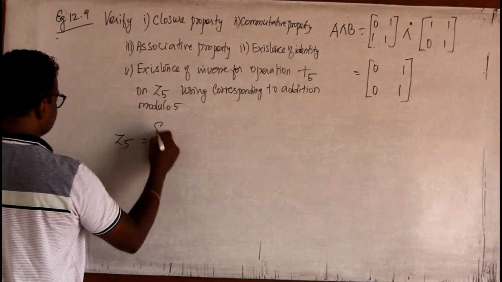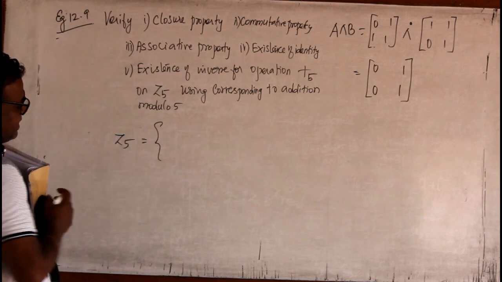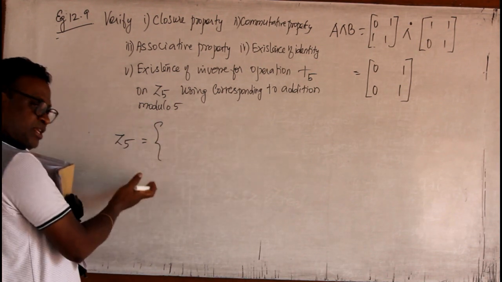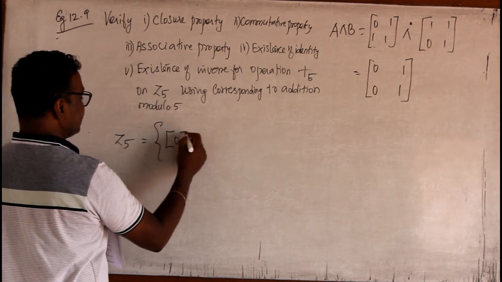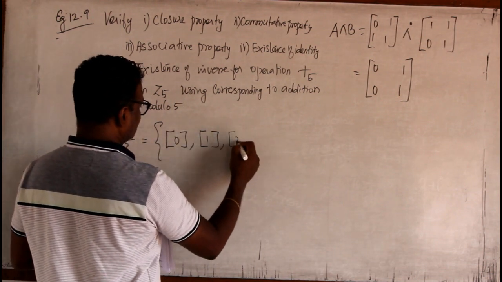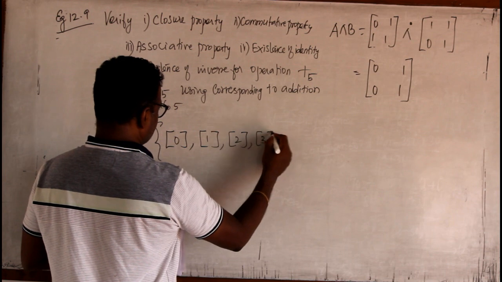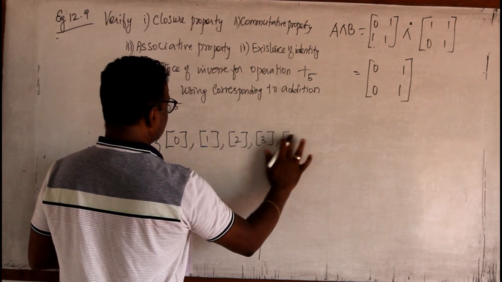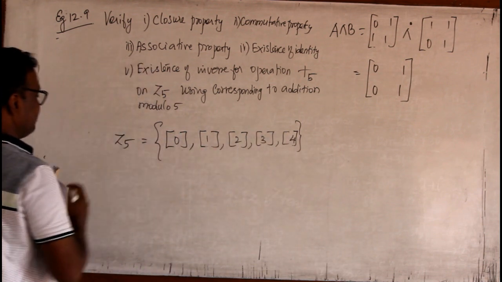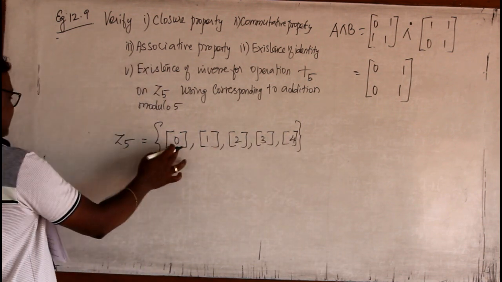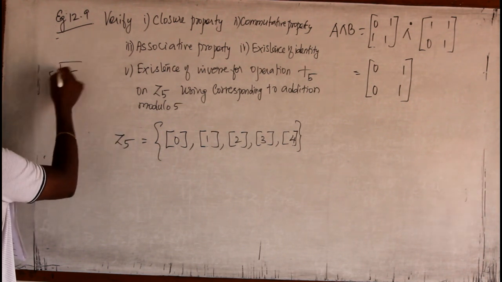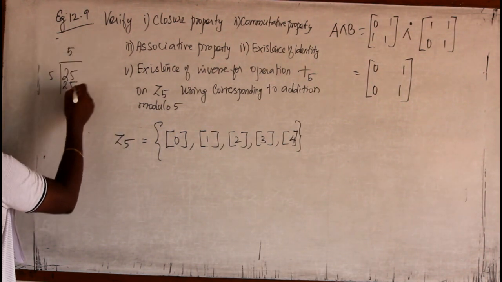Z5 elements means I am taking the elements of Z5, all these elements are called residue classes. Here I will have the residues 0, 1, 2, 3, 4. So totally I will have 5 elements. That means I am just collecting the numbers. When the number is divided by 5, for 25, the residue will be 0.